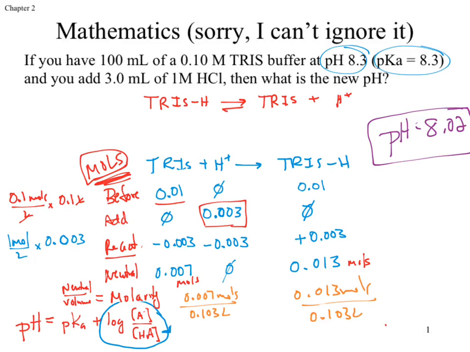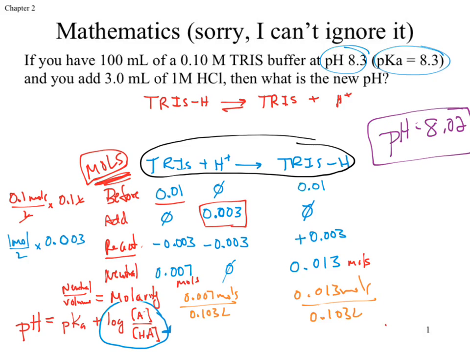All right? What would happen if we added base? How would our reaction change? How should that reaction change if we added strong base? One thing is the very end conclusion, what should happen to the pH? pH should go up.